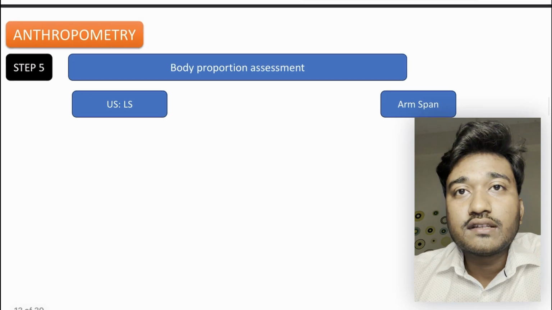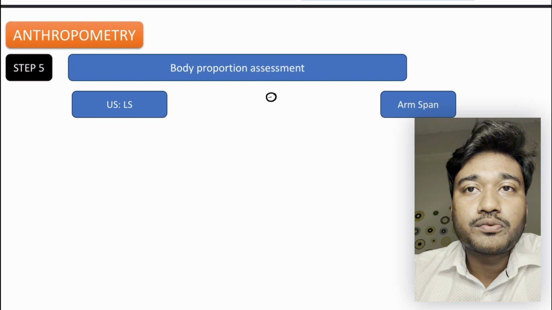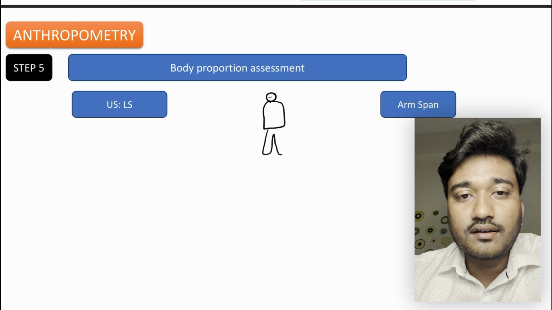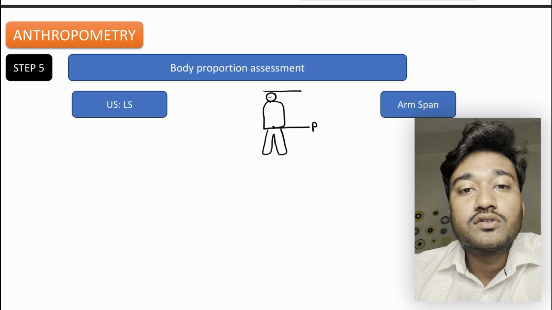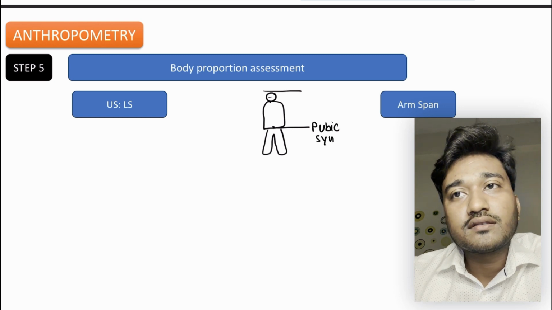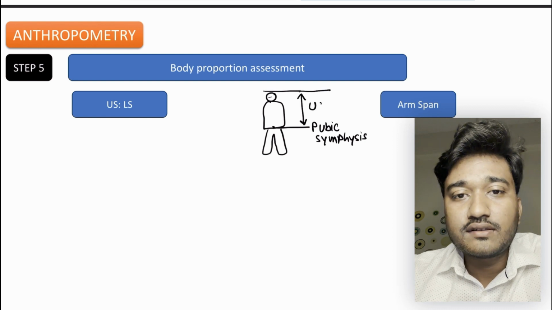After this, in step 5, we have body proportion assessment. Body proportion is assessed as upper segment and lower segment. From the top down to the pubic symphysis is the upper segment, and the lower segment is below this.